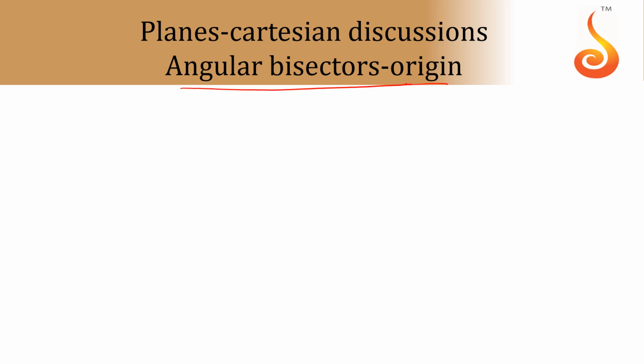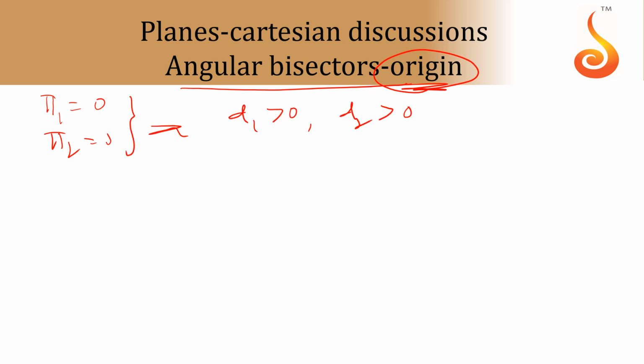Angular bisectors and origin: what do you mean by origin? The angular bisector of the angle containing origin, and not containing origin. In the given plane equations, you have pi 1 equal to 0, pi 2 equal to 0. The first step is to make d1 positive and d2 positive. After making d1 and d2 positive, whatever equations you get, you have to use in the formula, plus or minus.